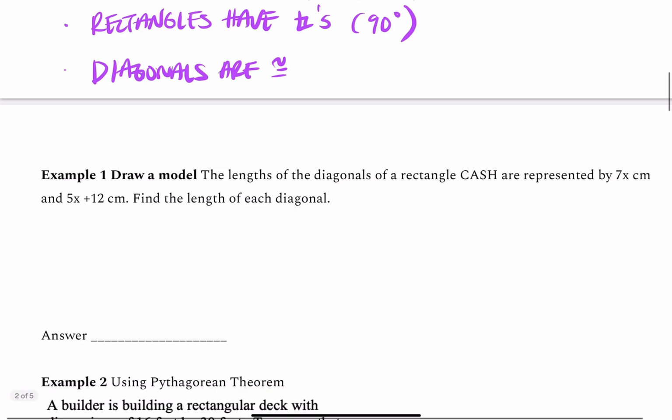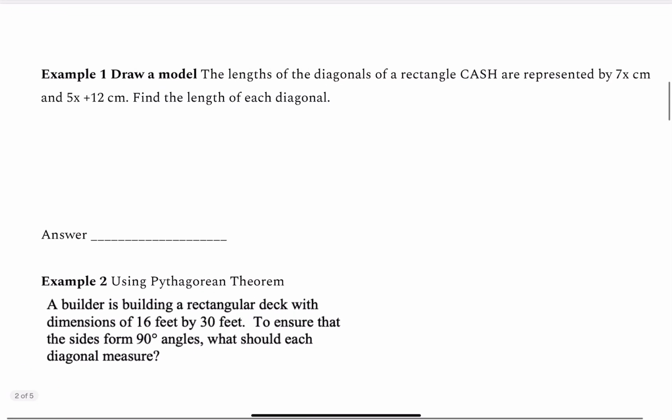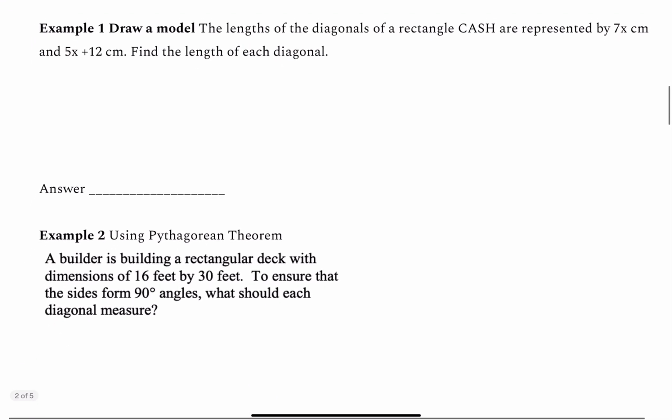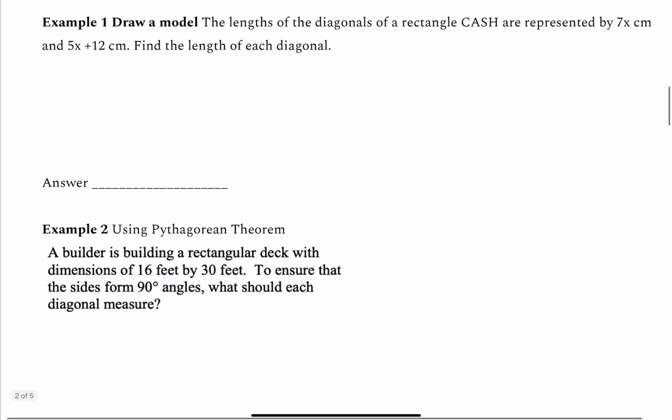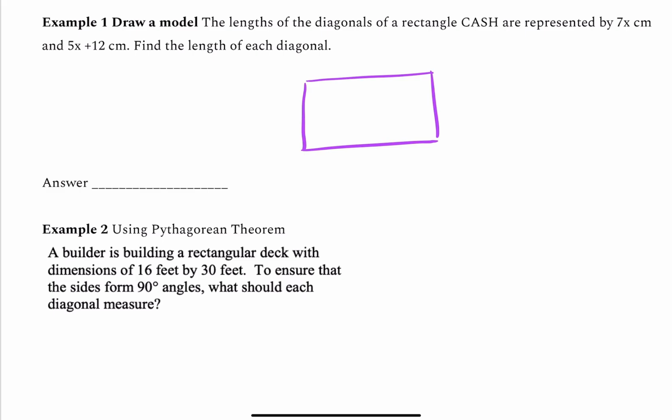Example 1, draw a model. The lengths of the diagonals of a rectangle CASH are represented by 7x centimeters and 5x plus 12 centimeters. Find the length of each diagonal. So on the Regents, likely you will have to model a quadrilateral. And don't forget, we have to go clockwise or counterclockwise.